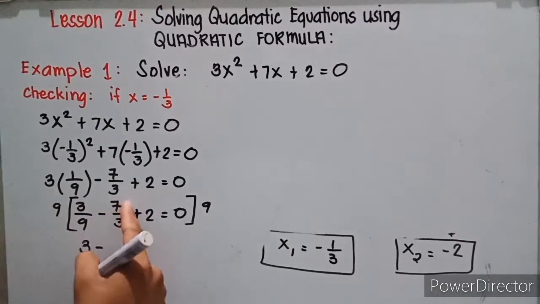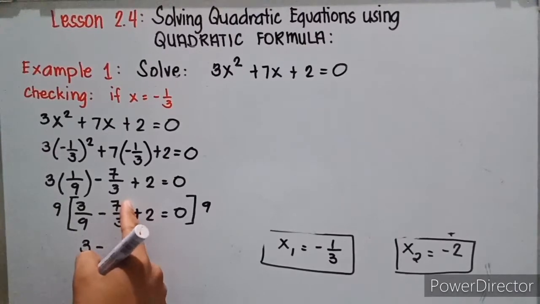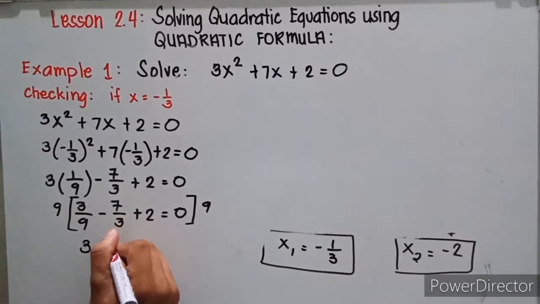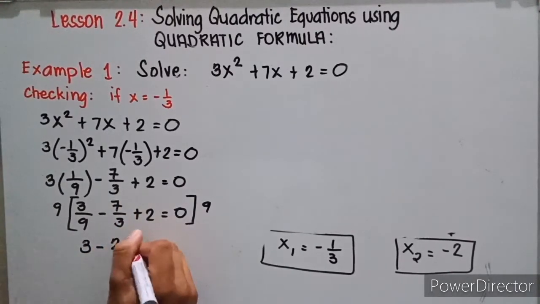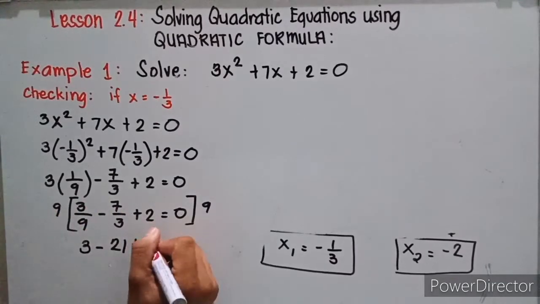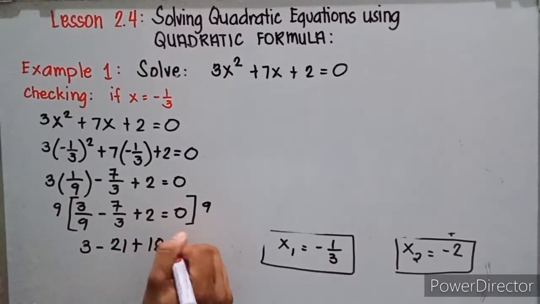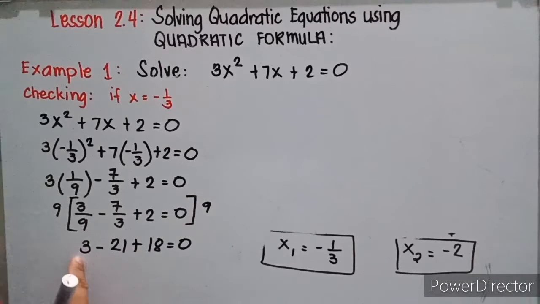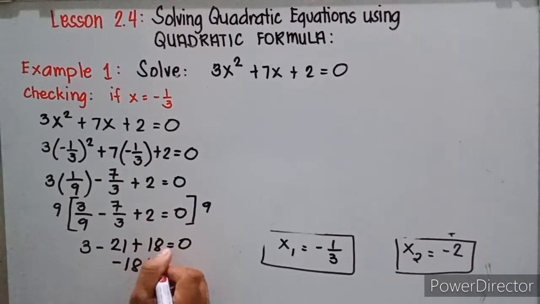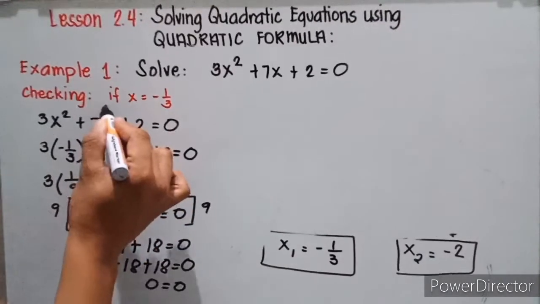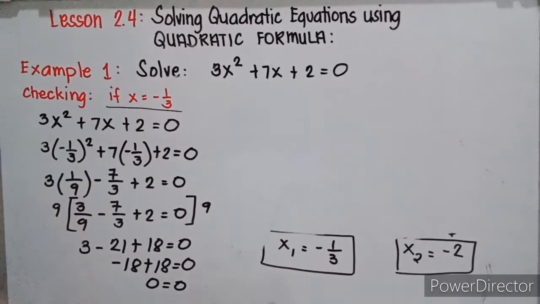Minus 9 times 7, that is 63 divided by 3, that is 21. Plus 9 times 2, that is 18. Equals 0. So 3 minus 21 is negative 18, plus 18 is equal to 0. So negative 18 plus 18 is 0, equals 0. So that is if x is equal to negative 1/3.